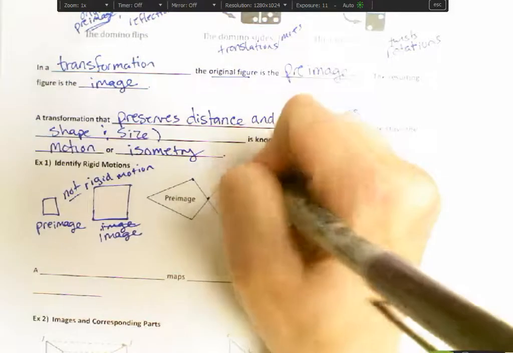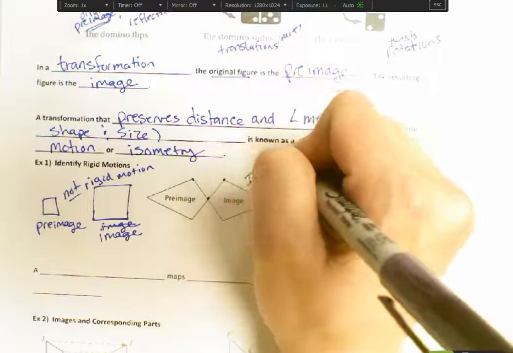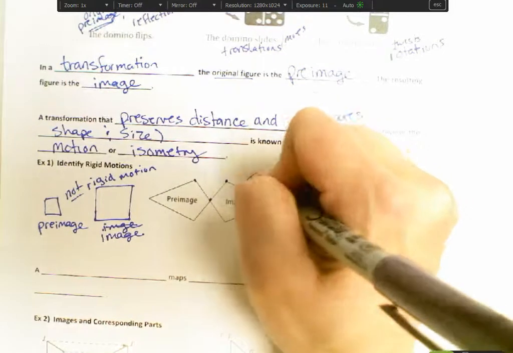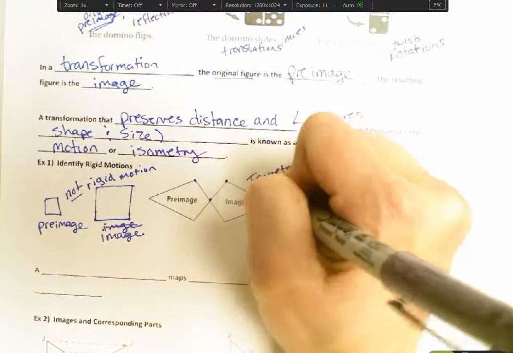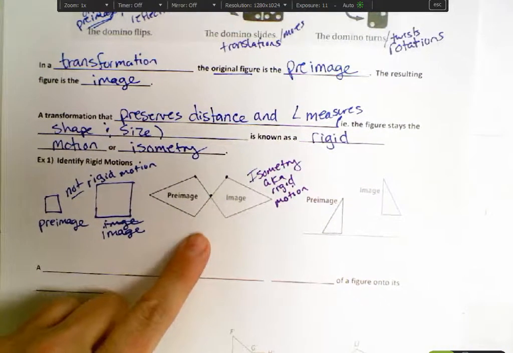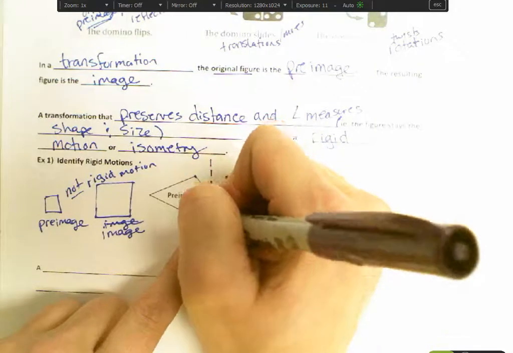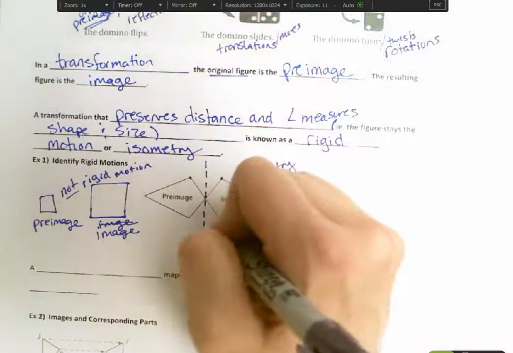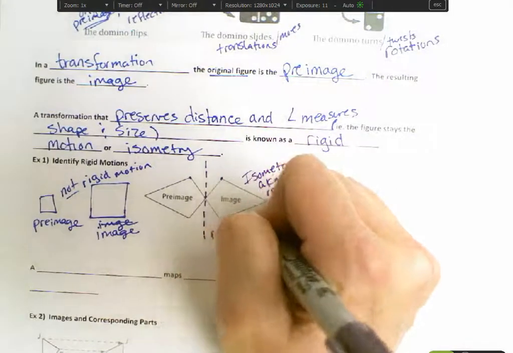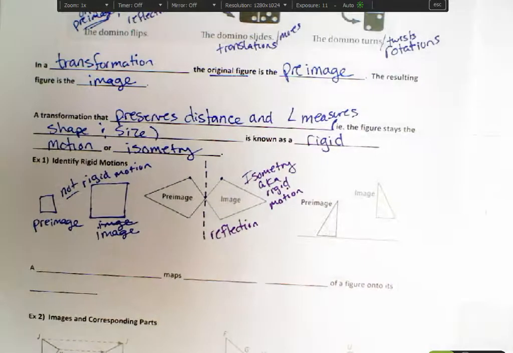So this is an isometry, aka rigid motion. So you're going to see both those terms. You need to be able to understand that. So specifically speaking, though, if I'm looking at this image and pre-image, this is specifically a reflection. I flipped it over that line, which changed its orientation. So we'll talk about that a little bit later.